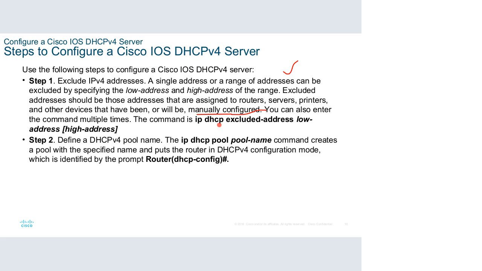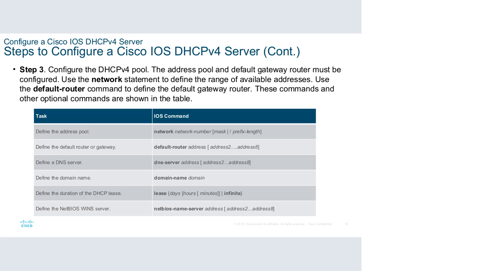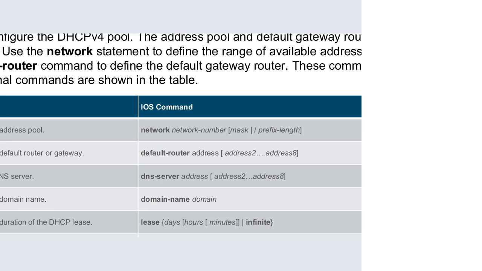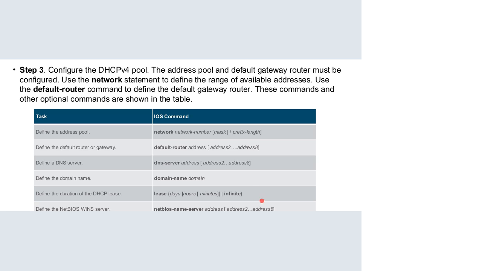So the command is this. We're going to see a simple configuration just to see how the pooling is done. So you give the name. A pool must have a name, just the way we were saying up there that a channel must have a name. Okay. So some of the addresses that you can exclude from your network are provided here.